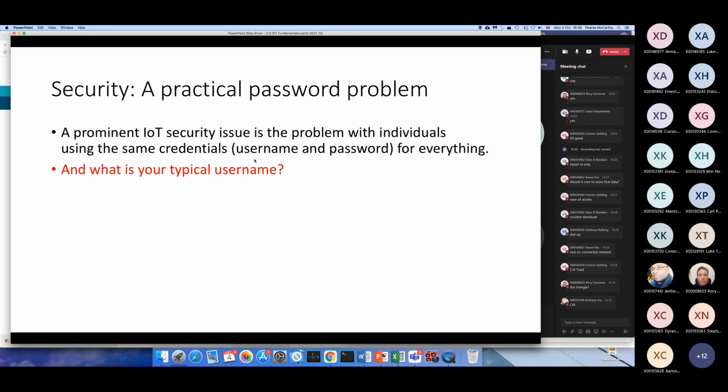So here's an interesting one, right? How many of you at this stage have so many different accounts on so many different systems out there, right? So if you take as an example, if you had a load of IoT devices and you wanted remote access into them as well, what do people typically use as their username?